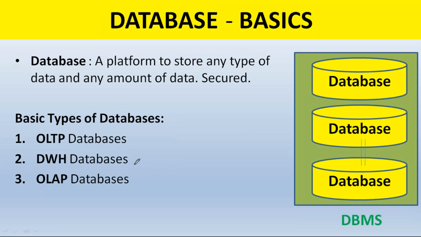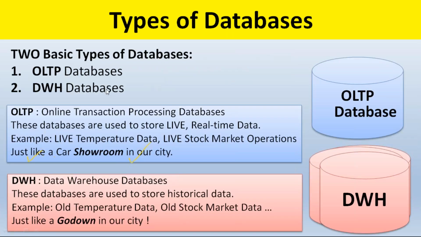Our course is into data warehouse. OLTP database design, SQL developers, database developers will take care. OLAP design, BI developers will take care. So we are into data engineering, ETL and data warehouse. Let's understand slowly more about this OLTP and data warehouse.